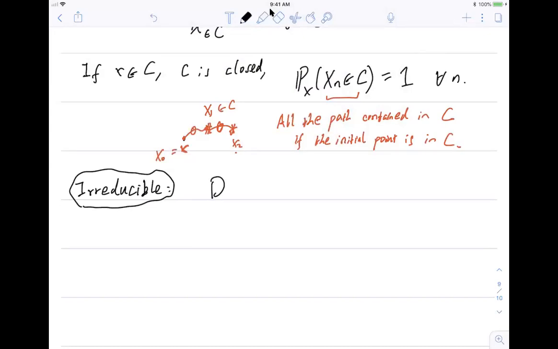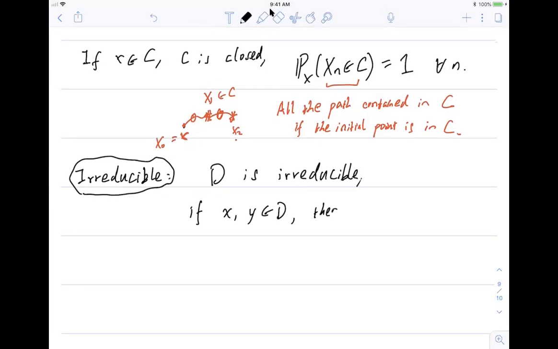Let's say D is irreducible means the following: if x, y are in D, then rho xy is bigger than 0.